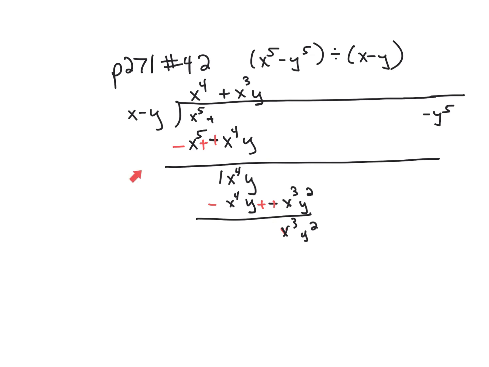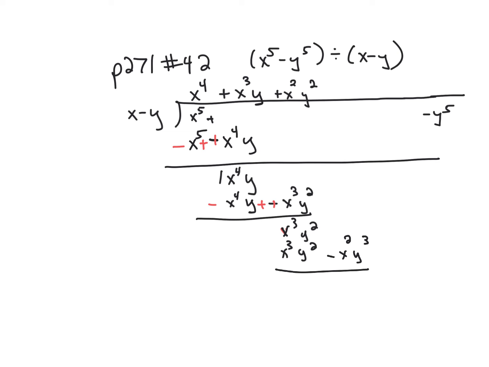Okay, now I got to ask the question again. X times what gives me x cubed y squared? Well, I need an x squared and a y squared. So I write plus x squared y squared. I'm going to multiply, and when I multiply, I get x to the third y squared, but then I also need to multiply this times the minus y, and that's going to give me minus x squared y to the third.